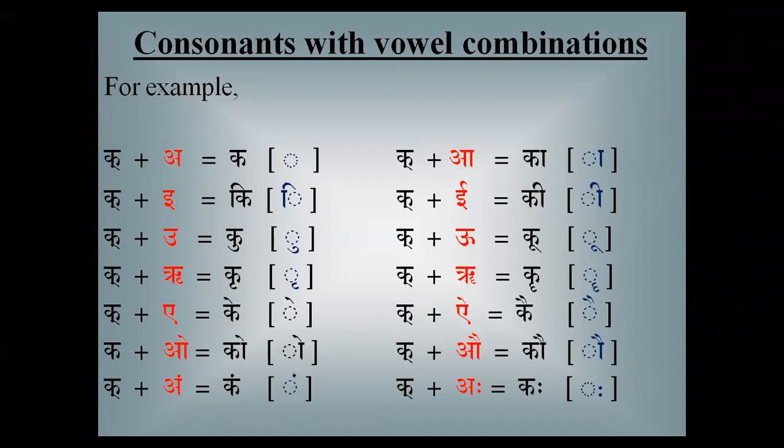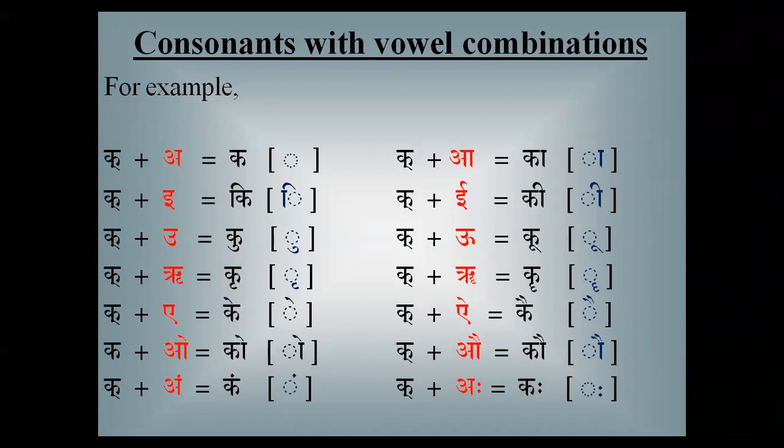Therefore, 14 vowels are added to the consonant and you get 14 combinations. So the script as well as the vowel sign as well as the sound should be remembered. In the same way, you can add all these vowels to all the consonants.